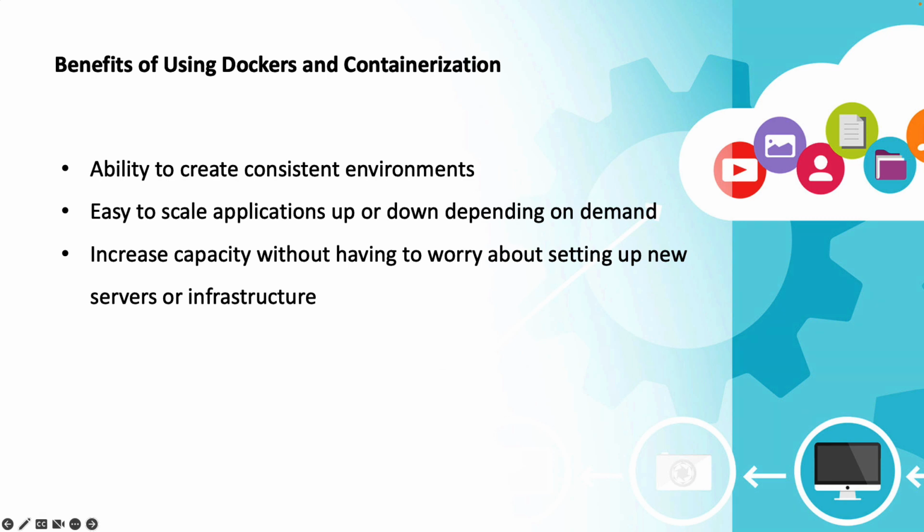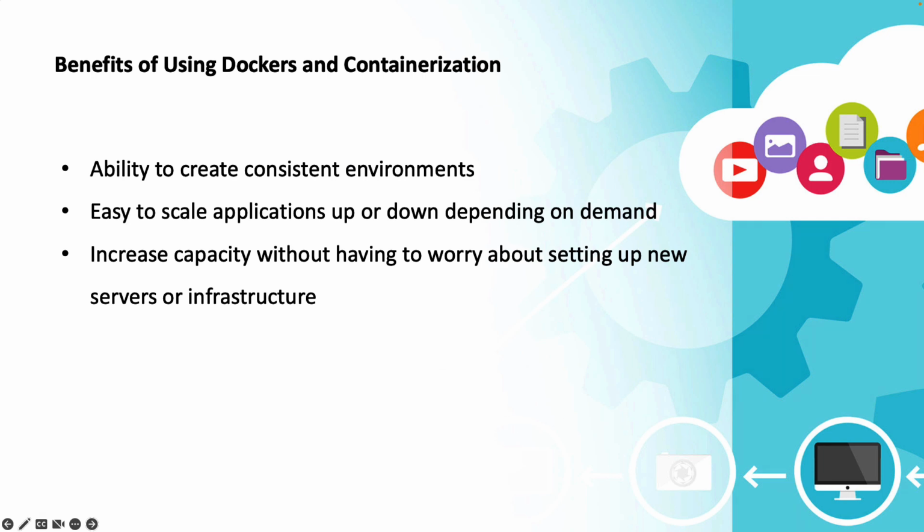One of the biggest benefits of using Dockers and containerization is the ability to create consistent environments across different machines. With traditional methods, it can be difficult to ensure that all machines have the same dependencies and configurations, leading to compatibility issues and bugs.